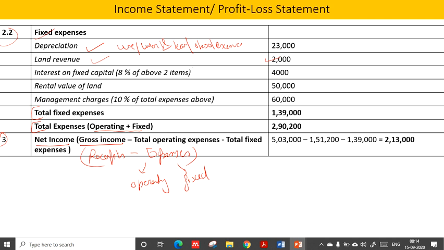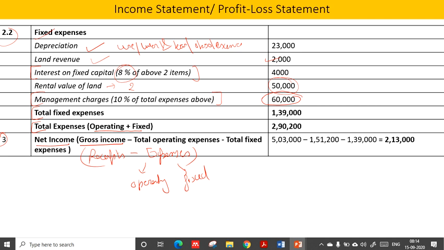Interest on fixed capital. Just like the interest on working capital, which was taken as 4%, interest on fixed capital will be taken as 8%. Rental value of land: if you were to rent out your land to somebody and not cultivate yourself, you would have got 50,000 rupees. Management charges, the management work done by the farmer for producing all these things, will be taken as 10% of the total expenses above.